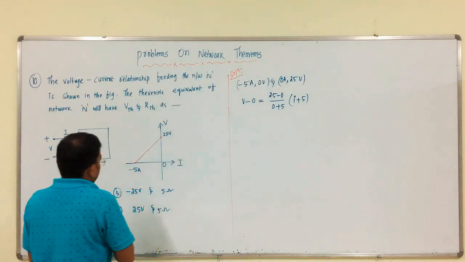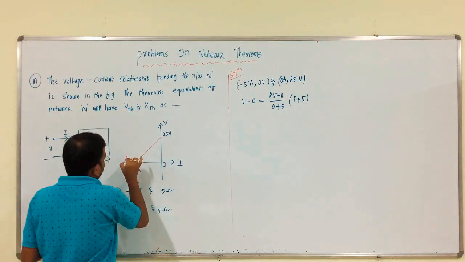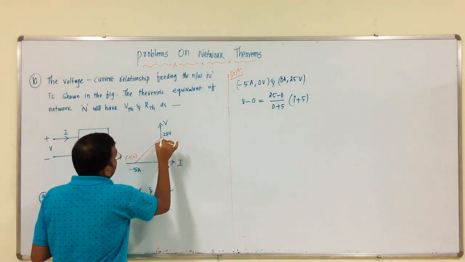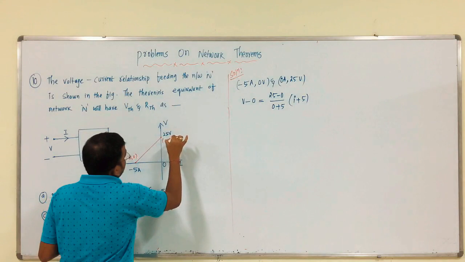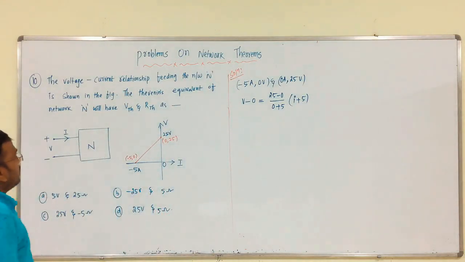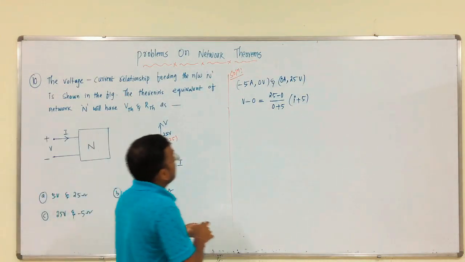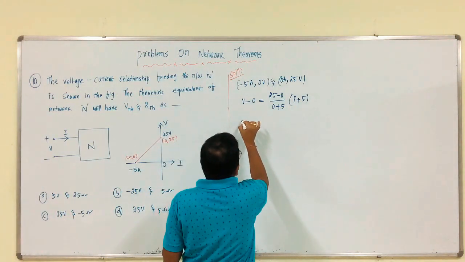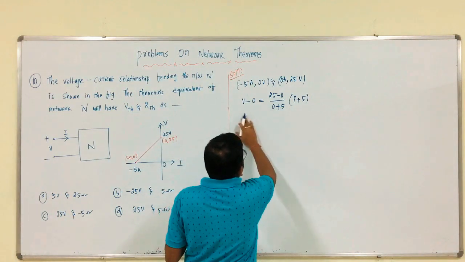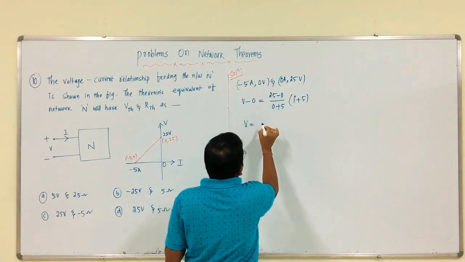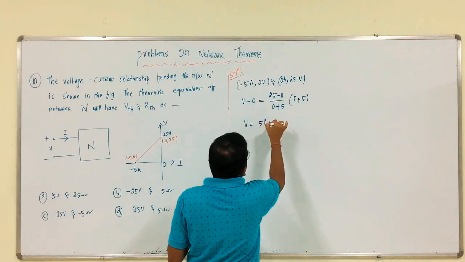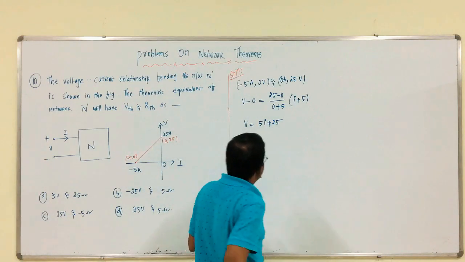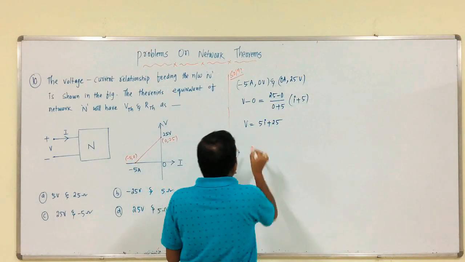At this point we have minus 5 comma 0. From this, V is equal to 5I plus 25. This is the equation we got, right.